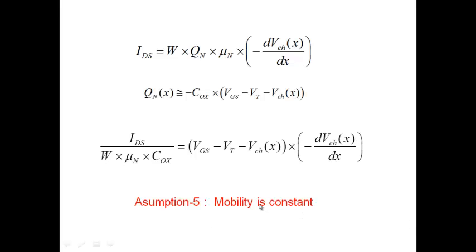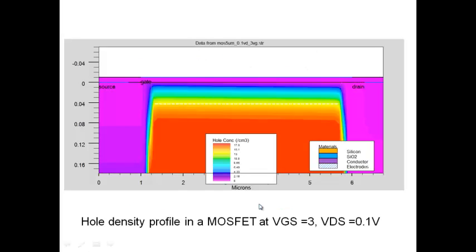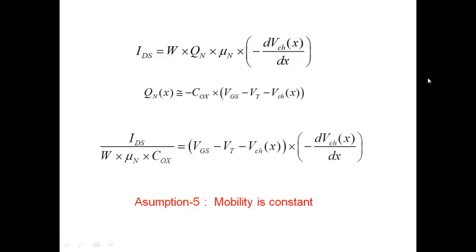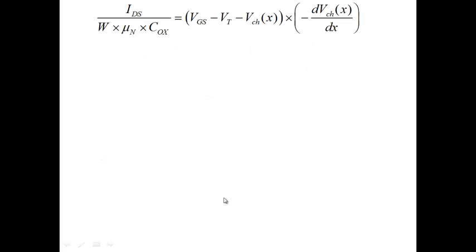Now in a MOSFET, mobility depends on both the field that you apply between source and drain, which is what we call Ex, the horizontal field, and mobility is also affected by the gate, the vertical field here. So mobility is a function of both the horizontal field and the vertical field, but we are ignoring all of that here. We are saying mobility is a constant. Okay, so that's our assumption number 5.